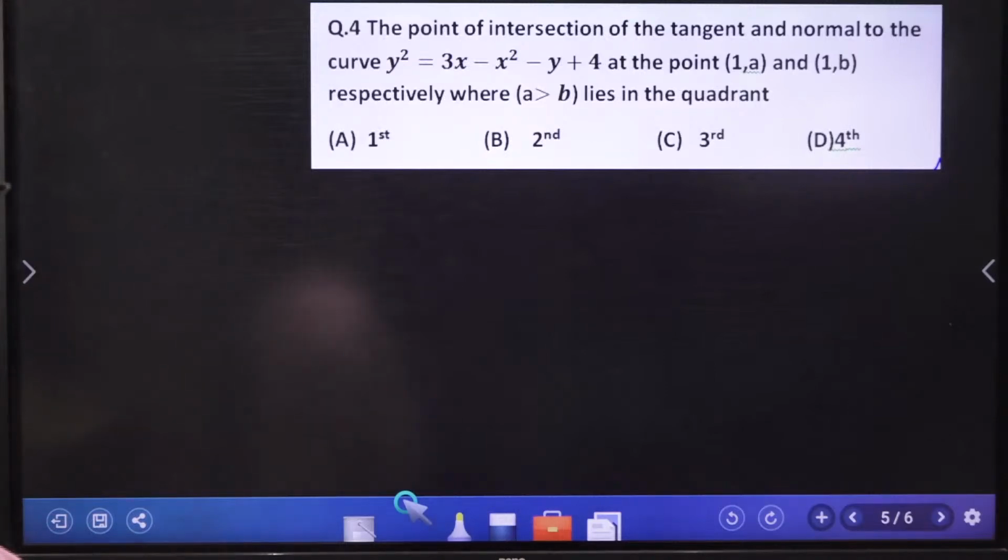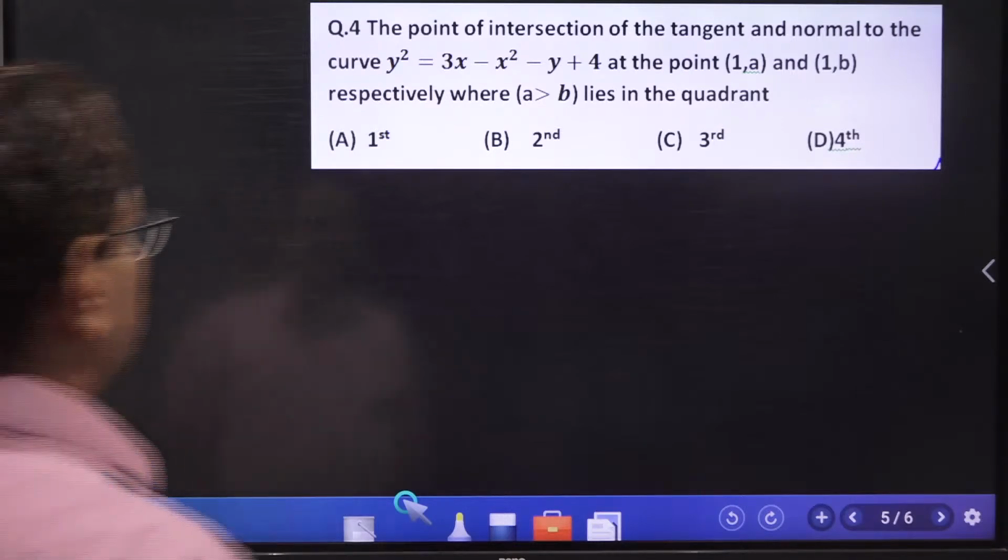Okay, Venkata Kishore is getting option number D, means fourth quadrant. Any other student, please answer immediately because now I am going to solve this problem.